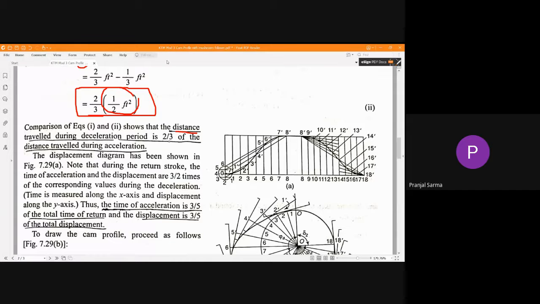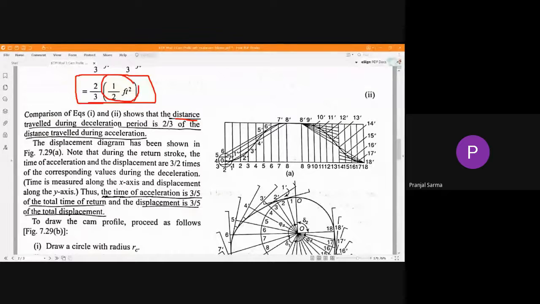Up to this much I hope that's clear. Okay, so now we are ready with that.